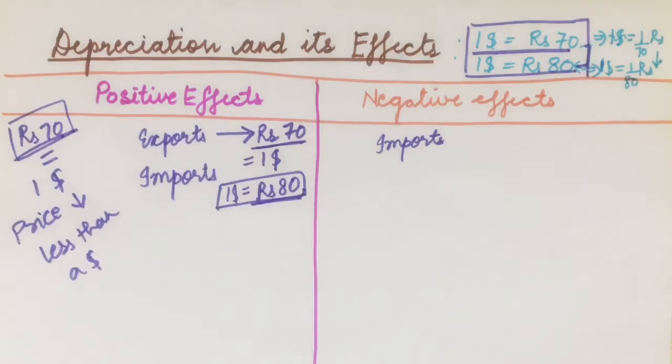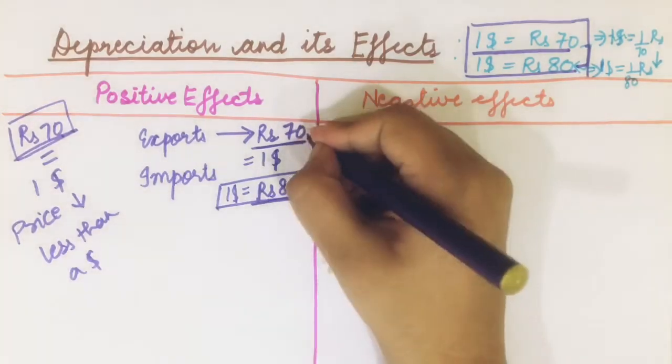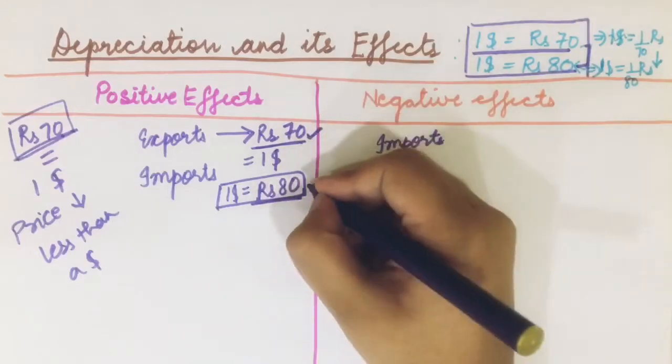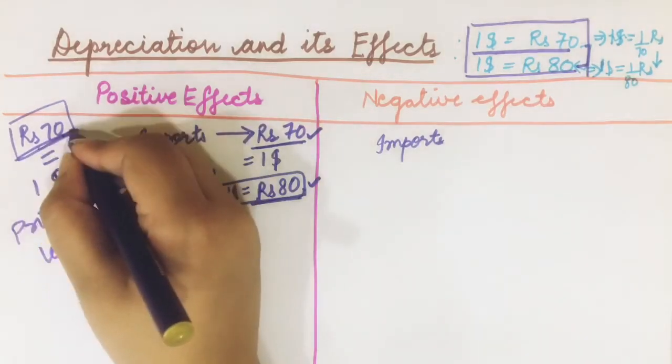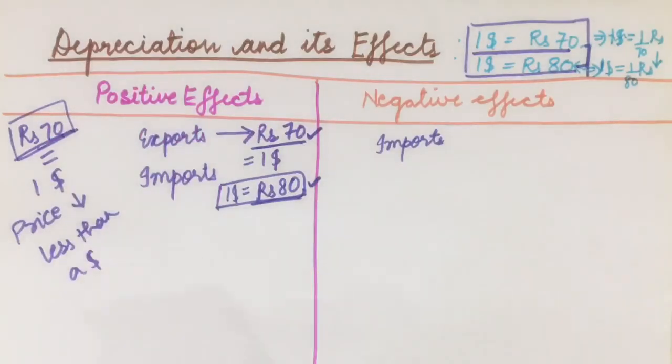Why? Because earlier when they paid $1, it was equal to 70 rupees. Now $1 means more Indian rupees. So in a way the price has gone down in dollar terms. Although you continue to receive 70 rupees, the price in dollar terms has gone down.